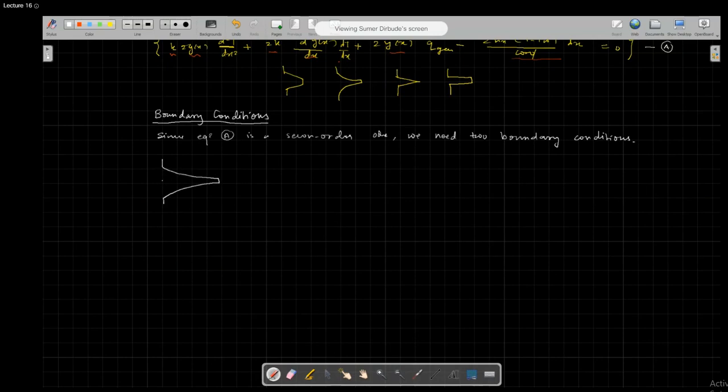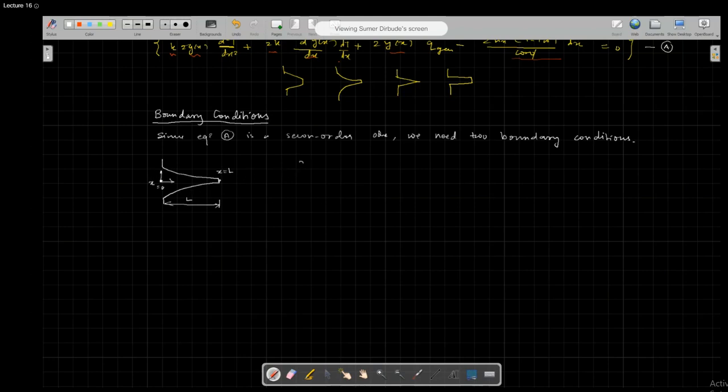One boundary condition at x equals 0, and at x equals L, if this is the length L. So at these two locations, the boundary condition is needed.